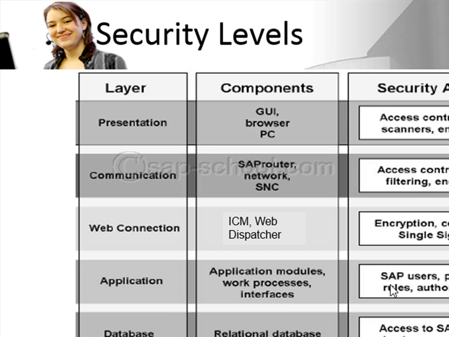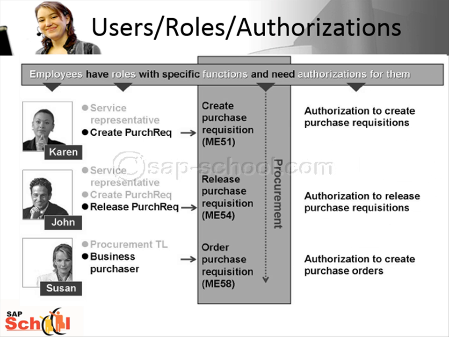The first one is that you need to implement the security at all these levels, because the overall security hinges on the weakest part. And the second point is that you need to understand that a complex authorization concept at the application level is only a single aspect of an overall security policy.